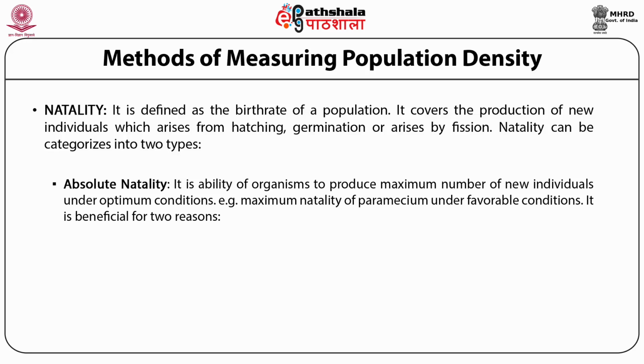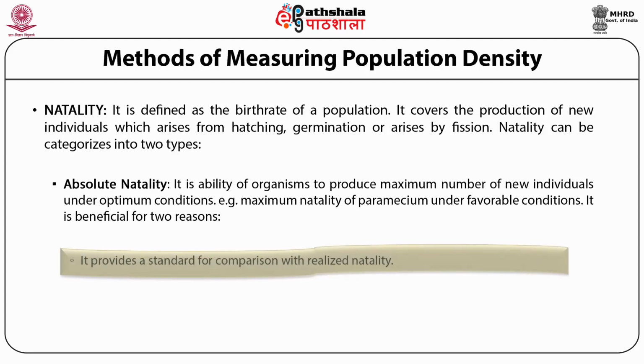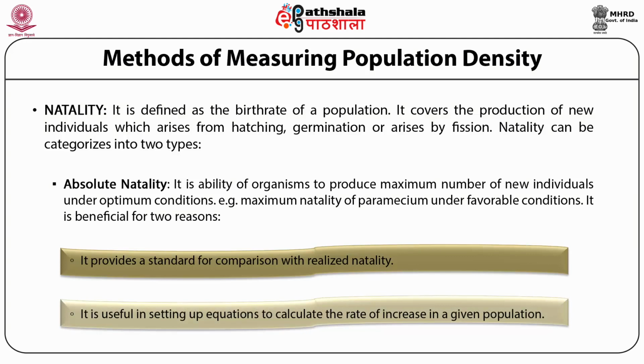It is beneficial for two reasons. The first is it provides a standard for comparison with realized natality, and second, it is useful in setting up equations to calculate the rate of increase in a given population.